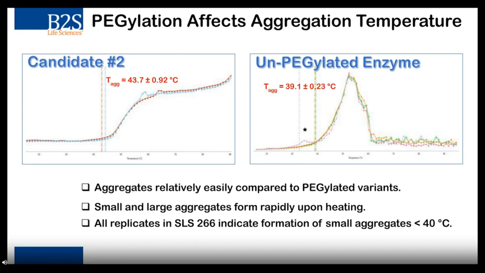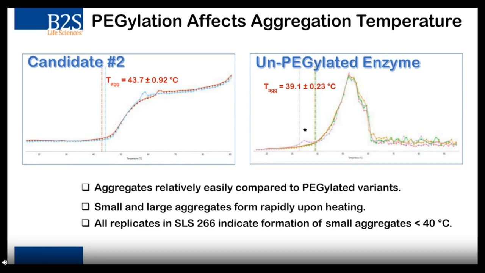So these traces show some notable morphological differences. So in this slide, I've only presented candidate 2 and the unpegylated enzyme, but you can see that the aggregation temperature is shifted about 4 degrees to the right, indicating it improves colloidal stability of the numbered candidate against the unpegylated enzyme.